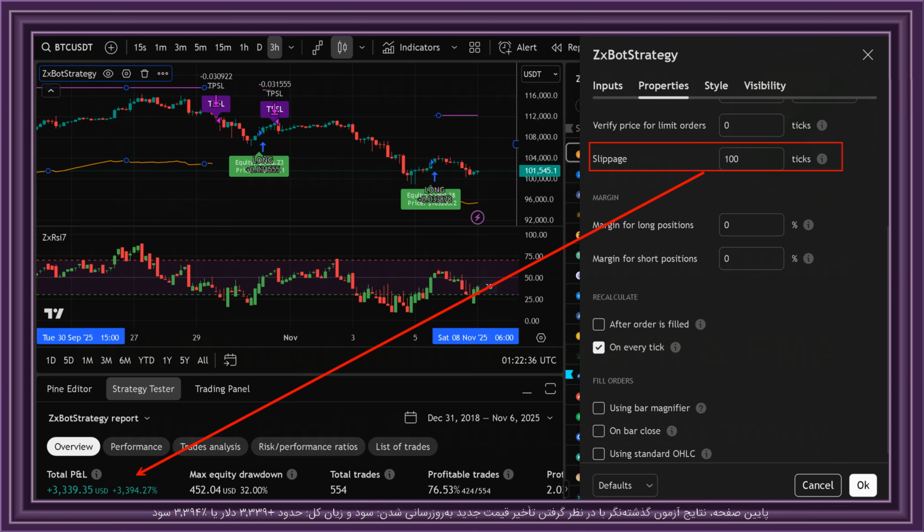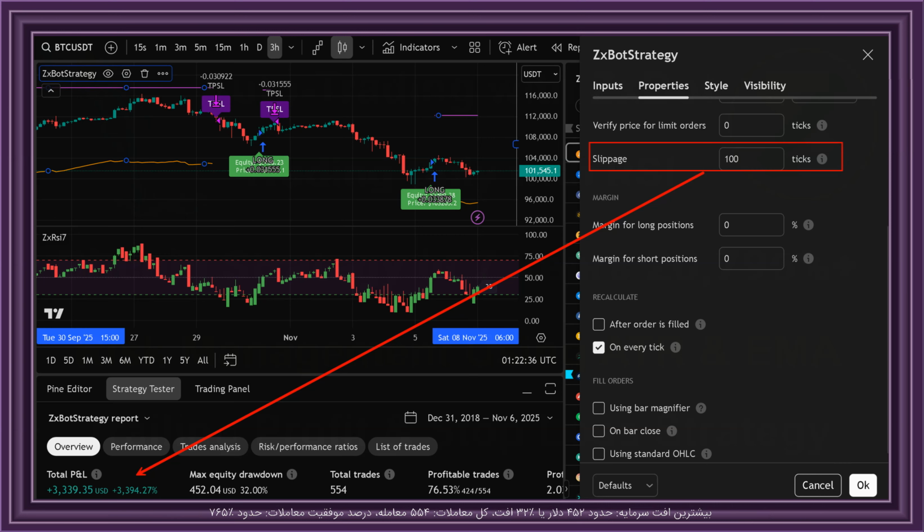Total P&L around plus 3,339 USD or 3,394% profit. Max drawdown around 452 USD or 32% loss. Total trades 554 trades.